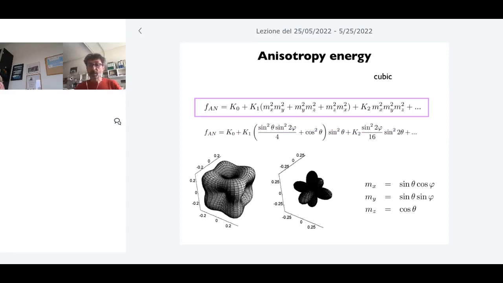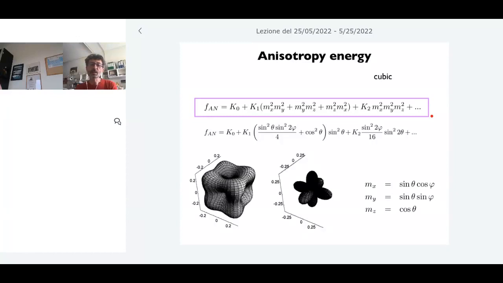This is uniaxial, but what happens for cubic material? Cubic material is much more complicated, because suppose I have a cubic crystal, and then I have three main axes. I need to expand this with reference to the cubic crystal. And this is essentially done with the expression that is written here. So again, you have the expression of the energy where we have a constant that you can just put away because we don't need it, a first anisotropy constant, a second anisotropy constant, and so on with the higher order terms.